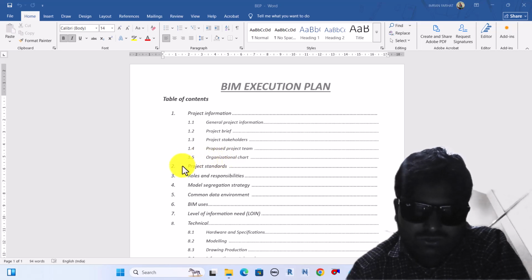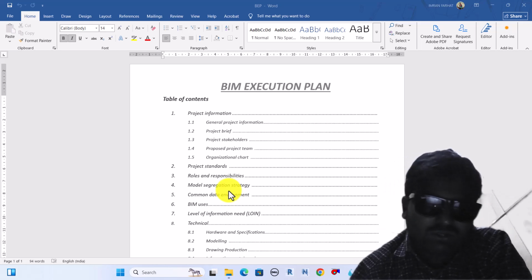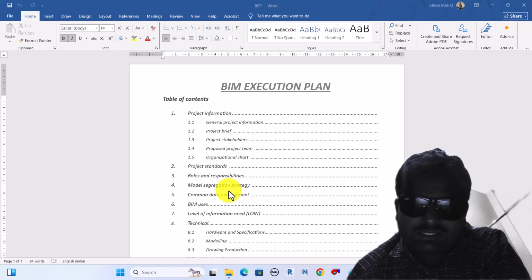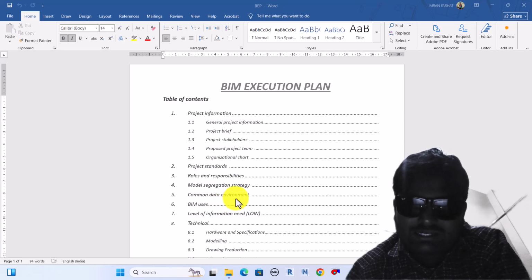So the project standard is given, and the third one is roles and responsibilities, who does what. The fourth is model segregation strategy, how we have to segregate the model while sharing with the client or consultant. The fifth is common data environment.